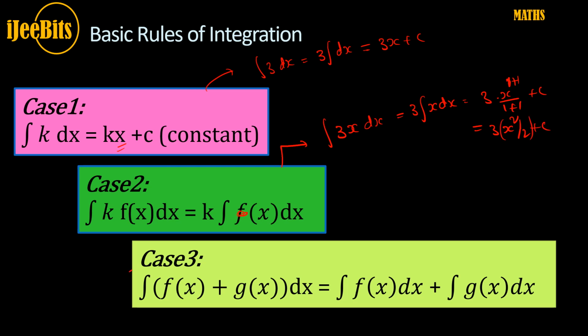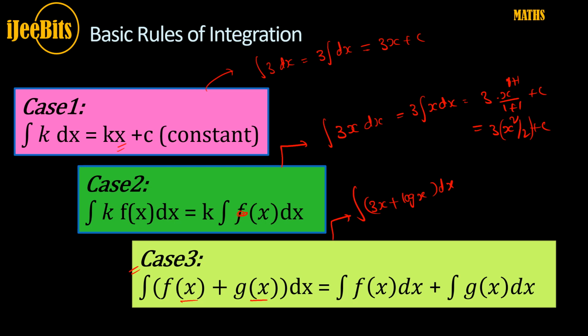And case number 3: let's say you have two functions like this, f of x and g of x, in dx. Then you can apply the integration individually. That means integration can be applied to f of x dx plus the function g of x. You can think of this also: let's say you have 3x plus log x dx in the integration.